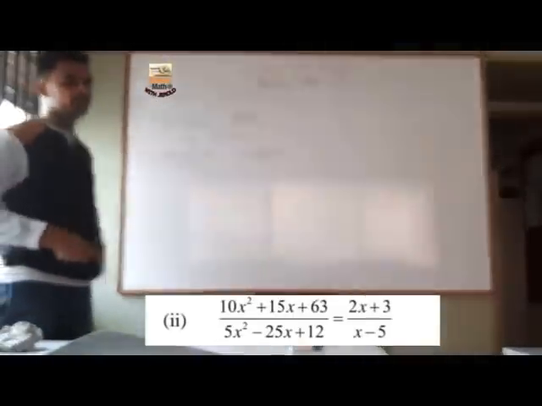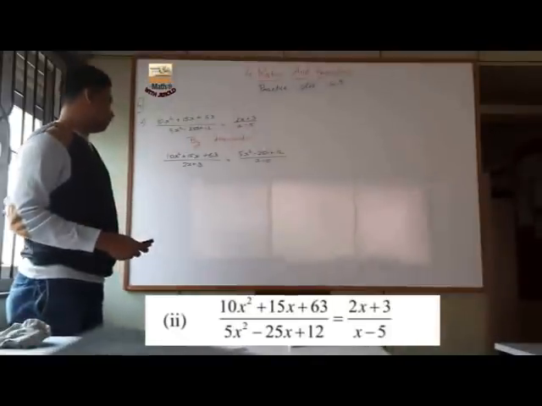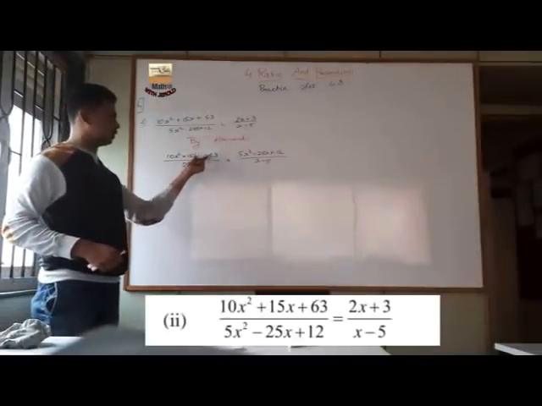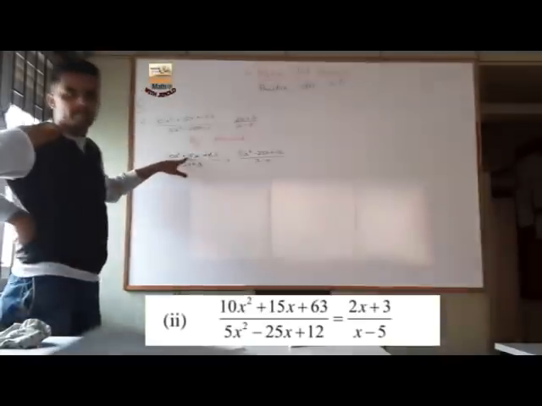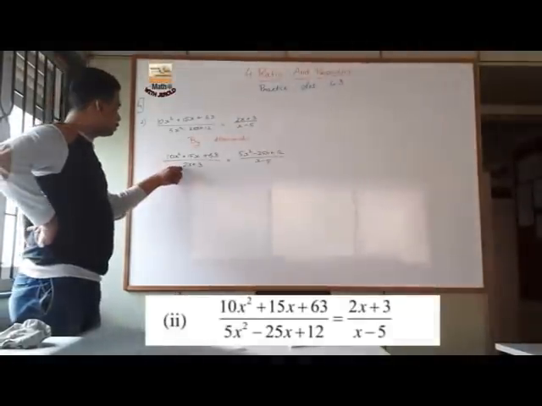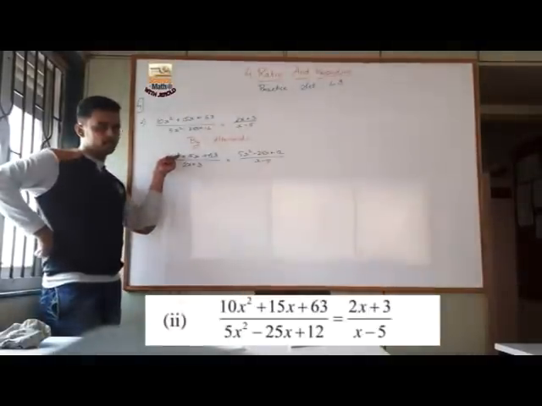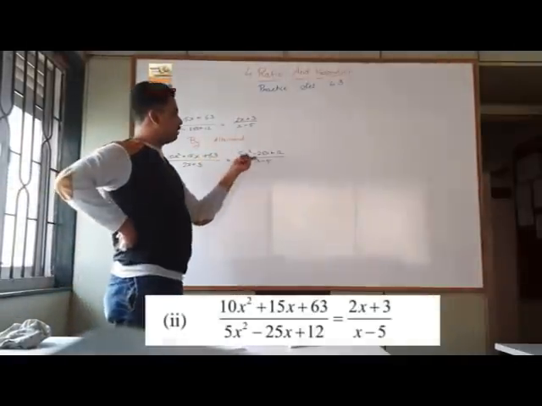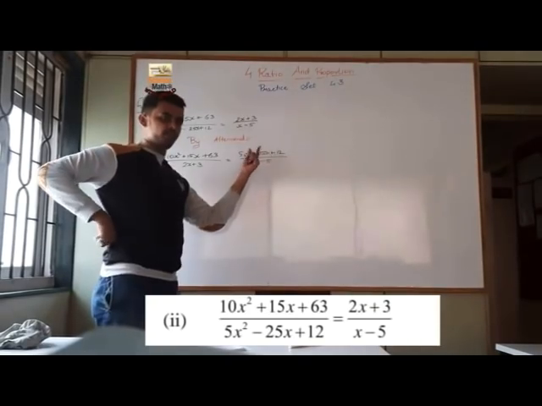Now comparing the numerators and denominators on both sides and finding the similarities. In the first question we found similarities between these two numbers. But now we cannot, as you can see 2 and 15 cannot be made similar. So for that we will have to compare the first term. 2x when multiplied by 5x will give me 10x squared, and 3 into 5x will give me 15x. x into 5x is 5x squared, and 5 into 5x is 25x.